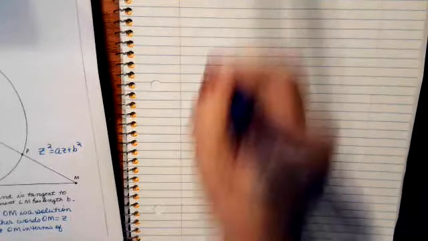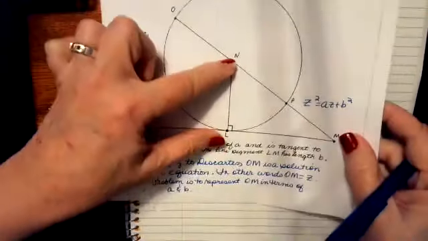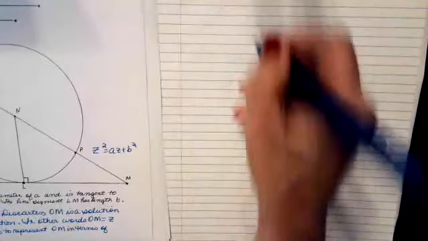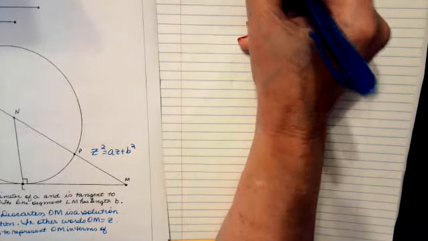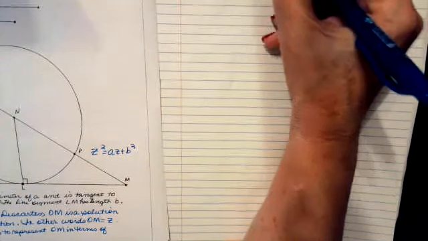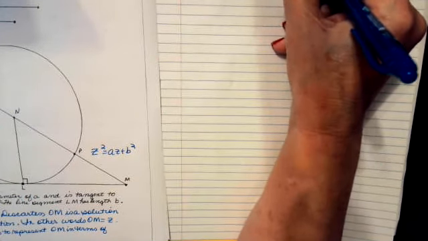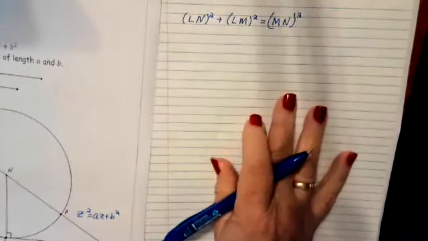All right, let me write that down. So I know that LN squared plus that length right there, LM squared, is equal to the hypotenuse squared, which was MN. Leg squared plus leg squared equals hypotenuse squared.